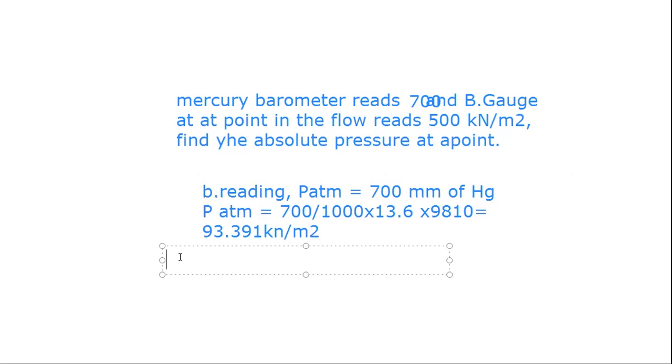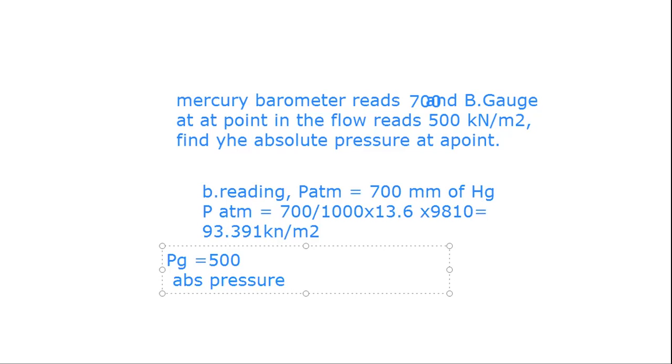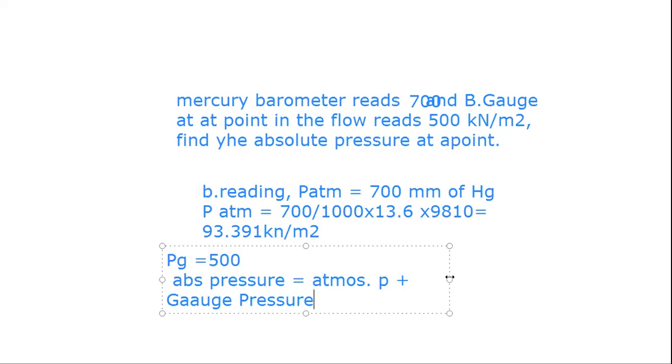Now what is the given pressure of the gauge? P gauge is equal to 500 kilonewton, given in the question. Then what you have to do? We discussed the absolute pressure formula earlier: absolute pressure is equal to atmospheric pressure plus gauge pressure. That is the formula we discussed in the last class, right?